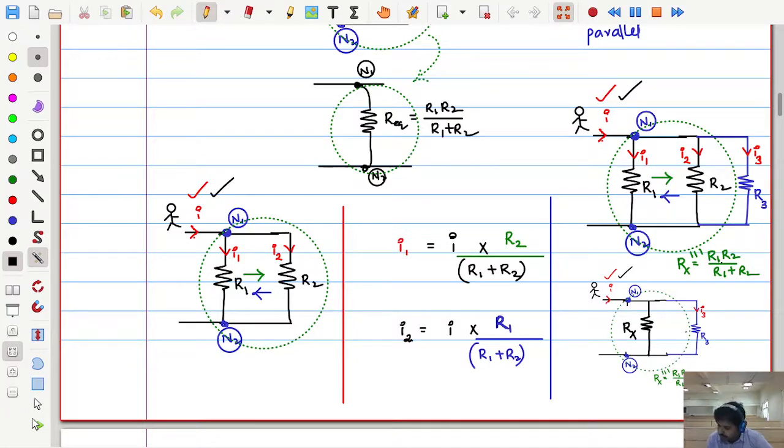Got my point? Now see, for R3, who is the opponent? For R3, the opponent is this green color circle. Together, not one person. For R3, R2 and R1 are both opposite, but they are in parallel, so we replace them with their combined strength, which is Rx.